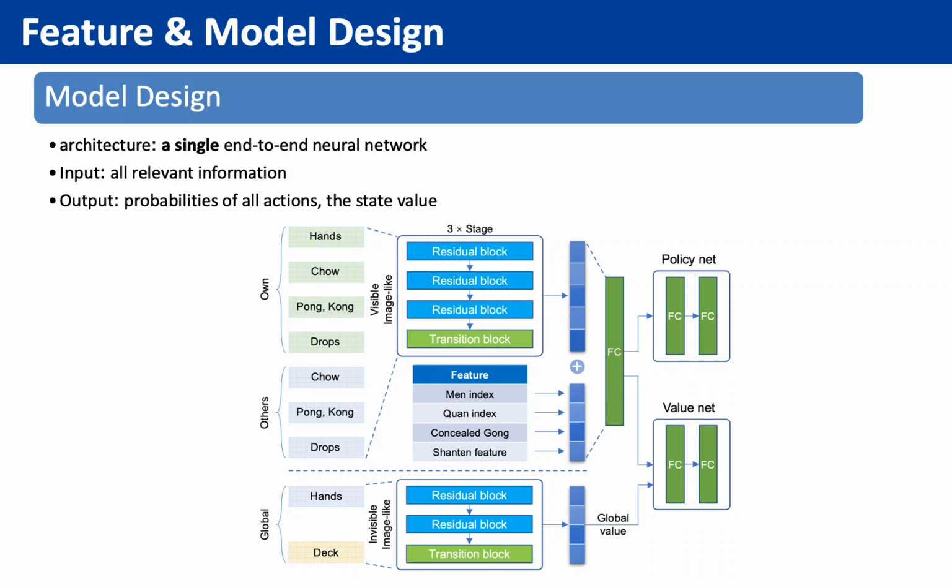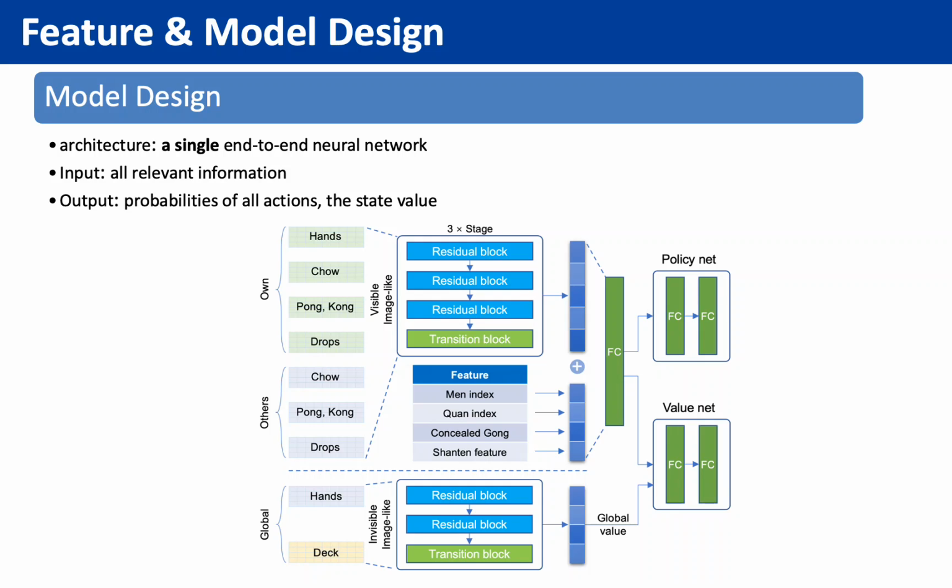As shown in this slide, we apply residual blocks to transform the image-like features. There are 3 stages in total, with 3 residual blocks and 1 transition layer in each stage. The transition layer is a pointwise convolution with 1 by 1.